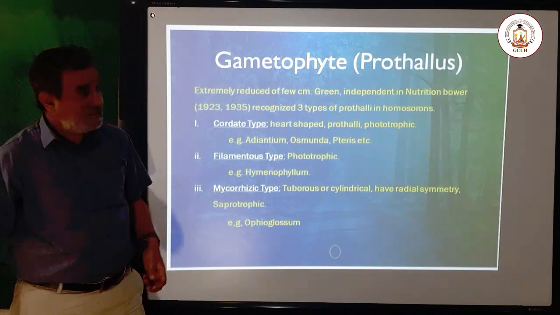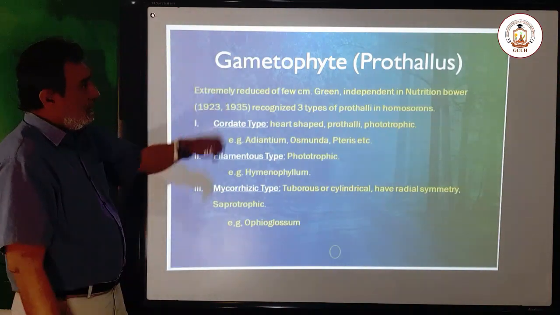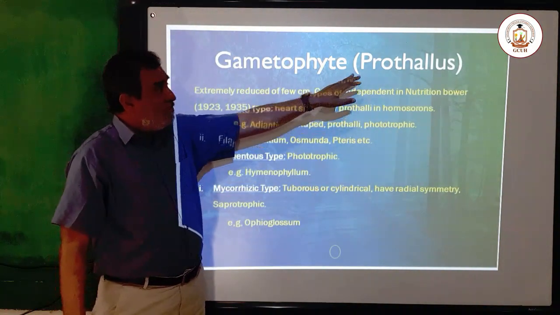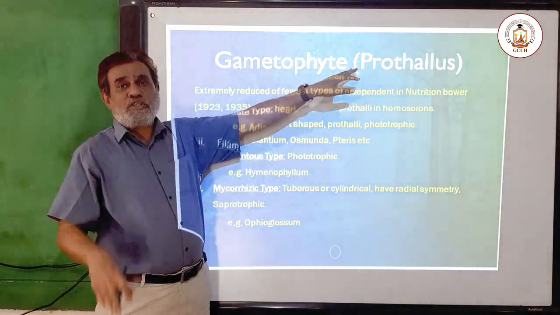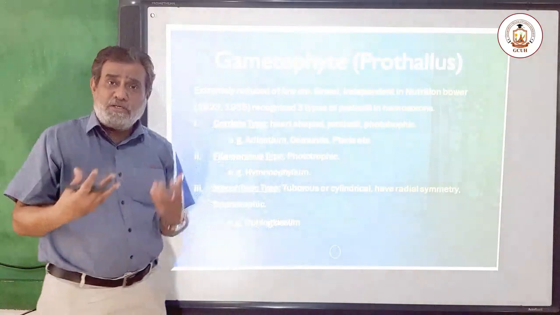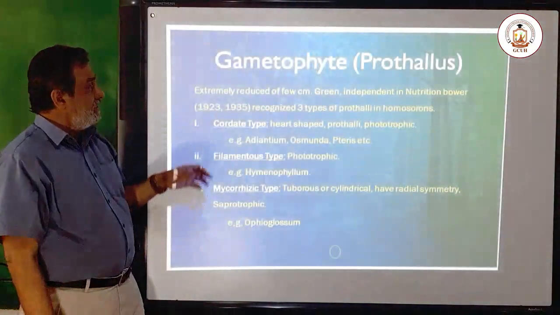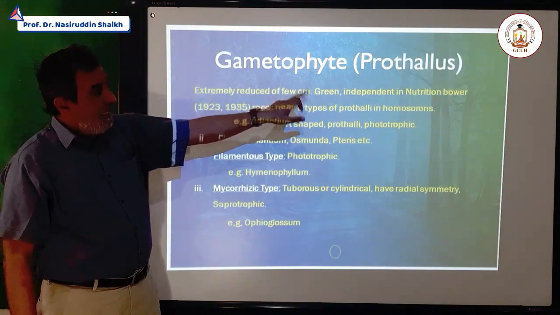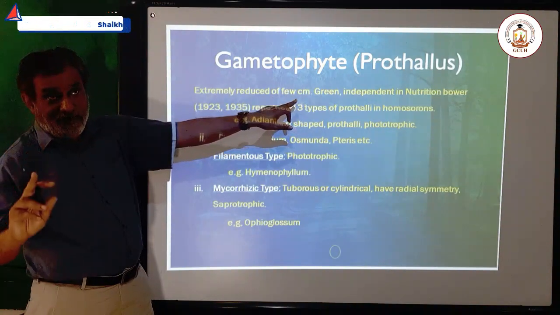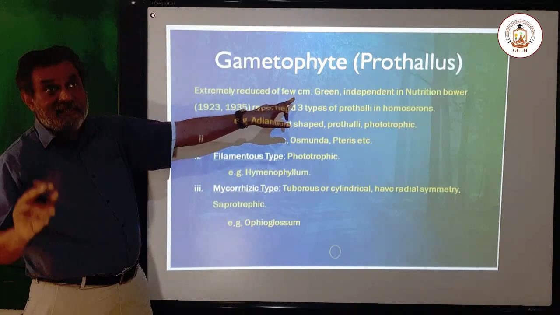Here, the gametophyte, as I have told you, is very small in size. That's why we call it a prothallus, not a complete thallus. It has an extreme radius of a few centimeters, is green, independent, and photosynthetic.